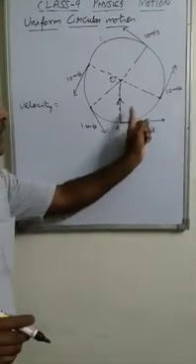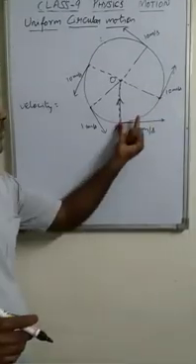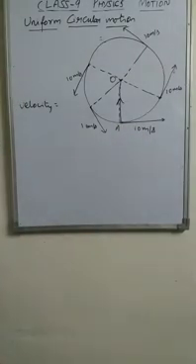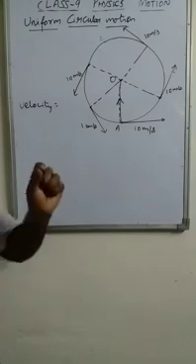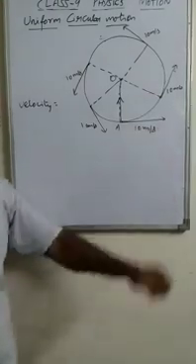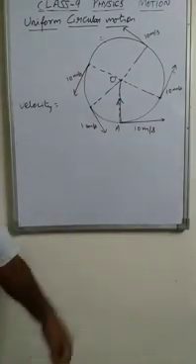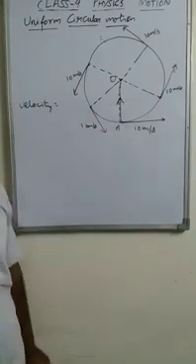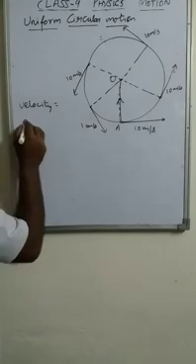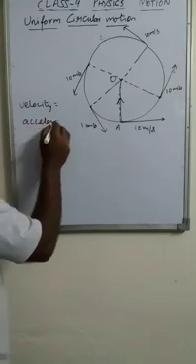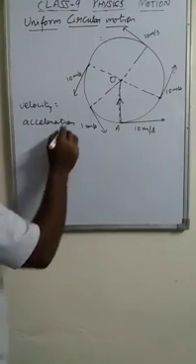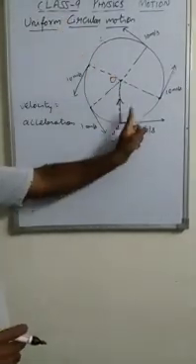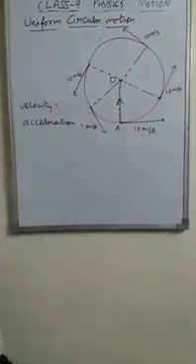To change the velocity between these 2 points, some time is also taken. Whenever an object's velocity changes with respect to time, we say the acceleration is produced. So we can say here the object is moving with a constant speed.